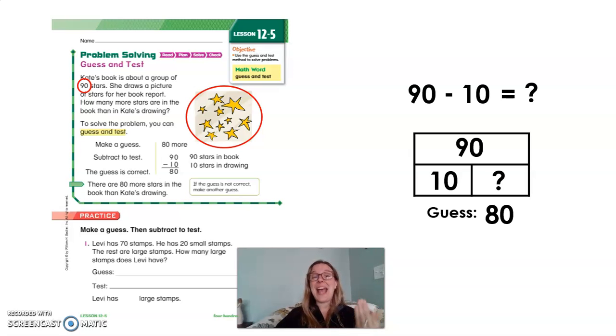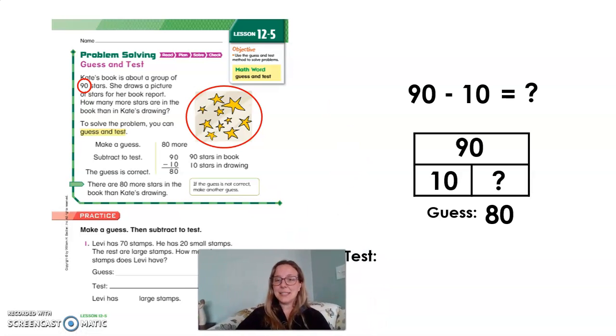Now we're going to go through and actually solve the problem to test it and see if that's an accurate guess. So I'm going to draw out here for you what we call a test.